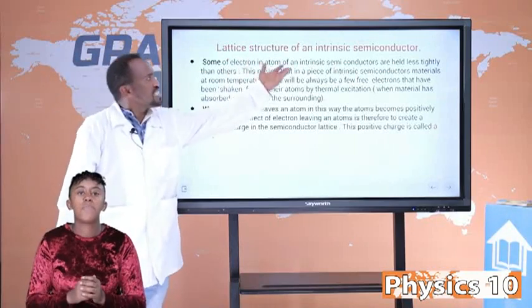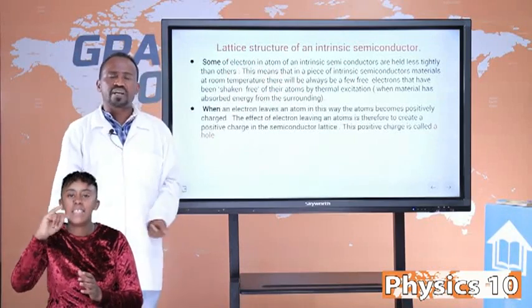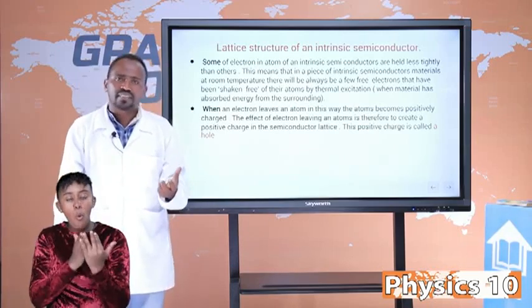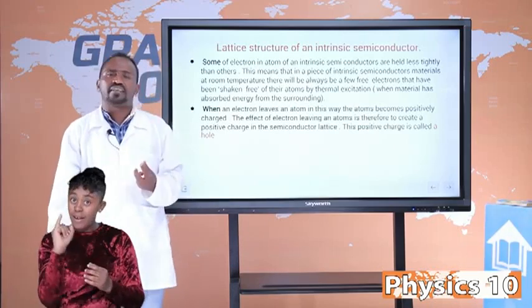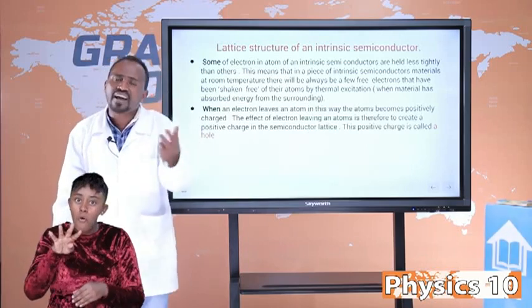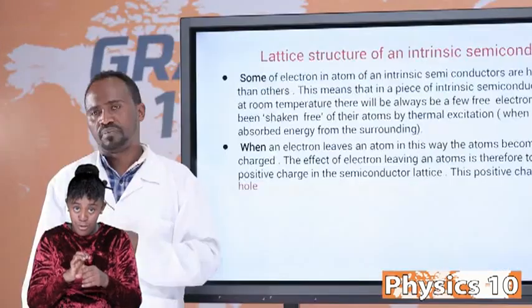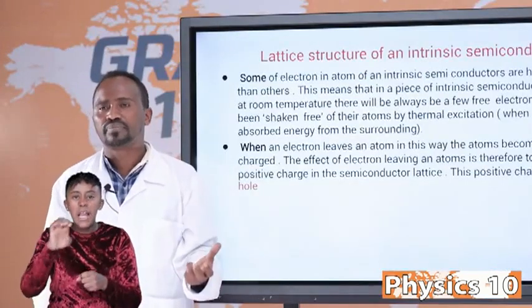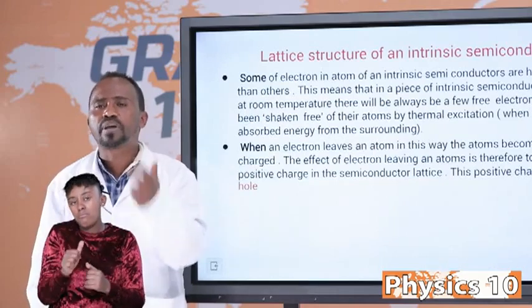Let us see the lattice structure of intrinsic semiconductors. If you take silicon, the outermost shell of silicon contains 4 valence electrons. Since the shell is full, like a helium atom, it does not permit electrons to pass.